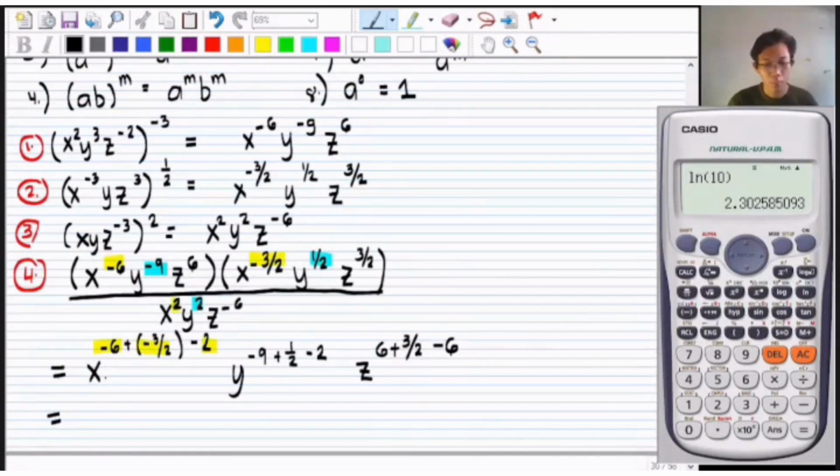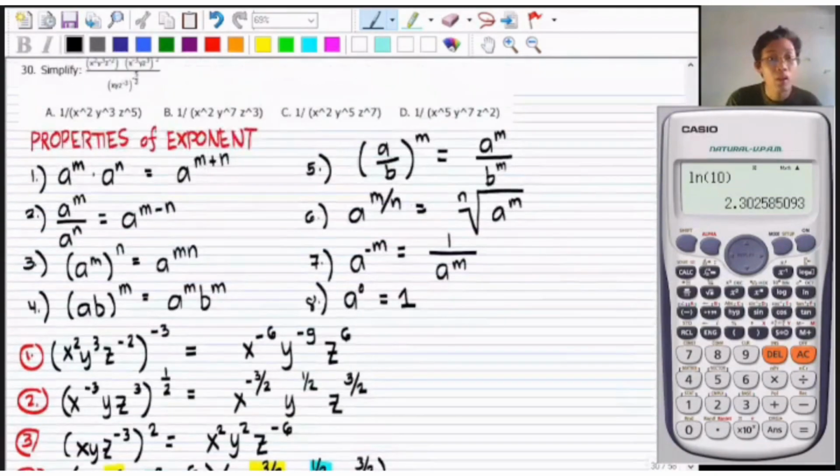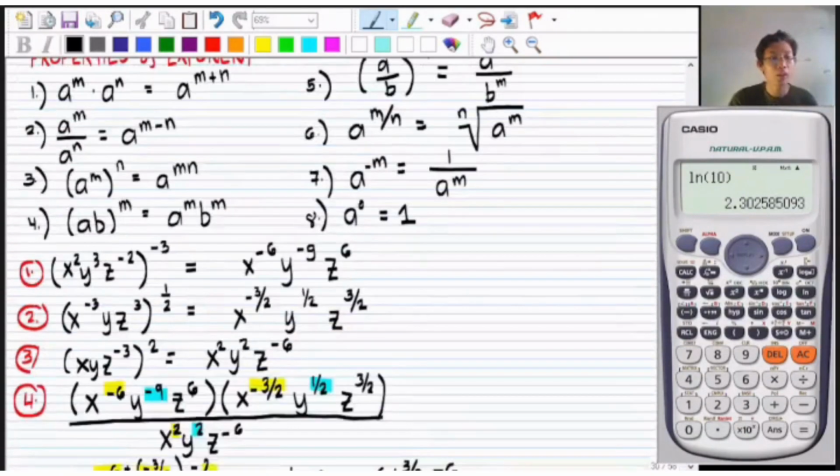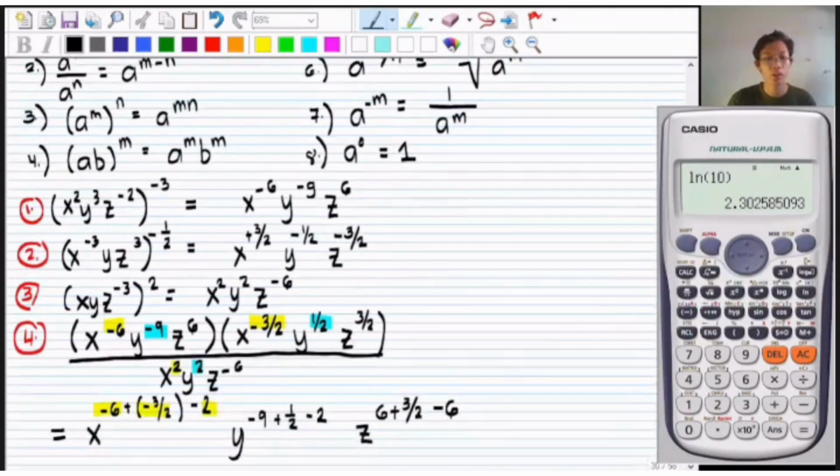That will be... tama ba? Tayo nagkamali. May negative 1/2 pala to. Sorry. Negative 1/2, so maging plus to. Minus, maging minus. Tayo nagkamali.